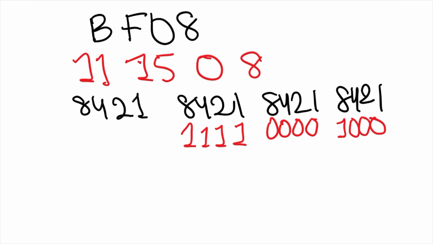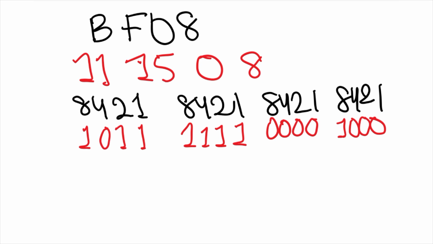What numbers can we add from 8421 to get the value 11? So we know if we add 8, 2, and 1, we're going to get the value 11. So I'm going to write 1, then 0, since we don't have to add 4, and then 1, 1 for 2 and 1.